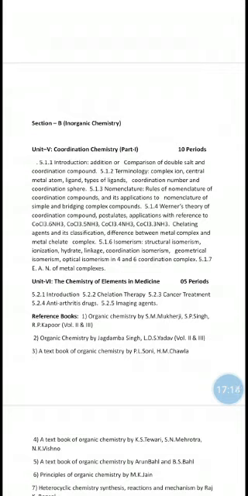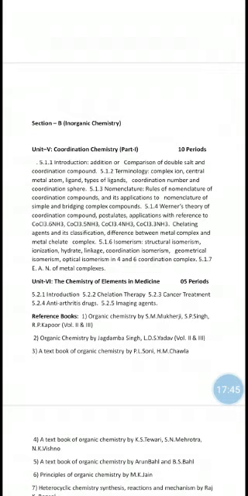It means it retains its identity in crystalline as well as aqueous medium. So this coordination chemistry is very interesting, and as we go through this chapter you will see various aspects of coordination chemistry.